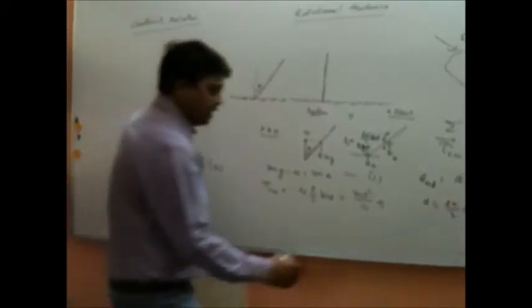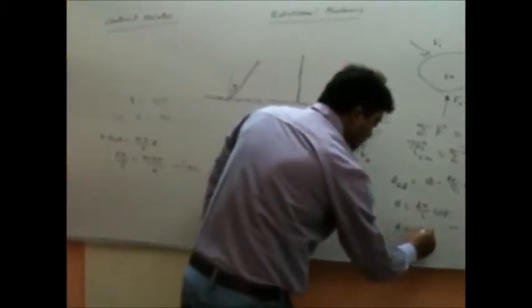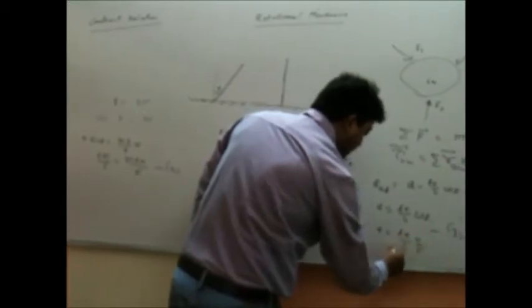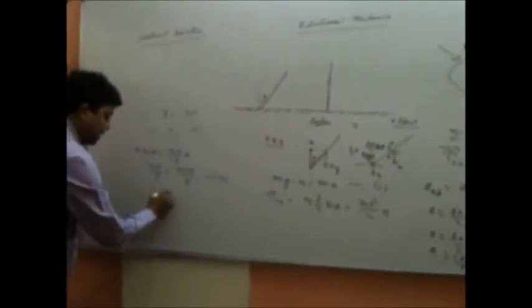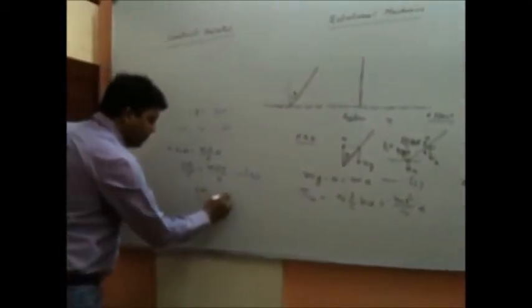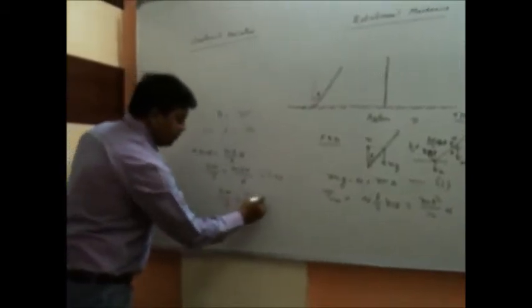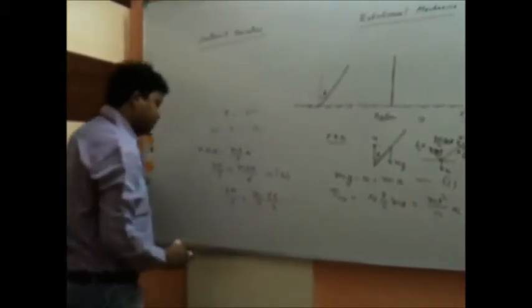So if I put this here, A is equal to L alpha by 2 into 4 by 5, that is 2L alpha by 5. So if I write this, L alpha is equal to 5A by 2. So I can write 3N by 5 is equal to m by 6 into 5A by 2.